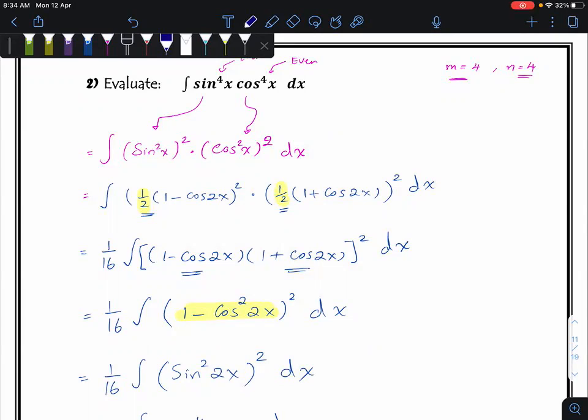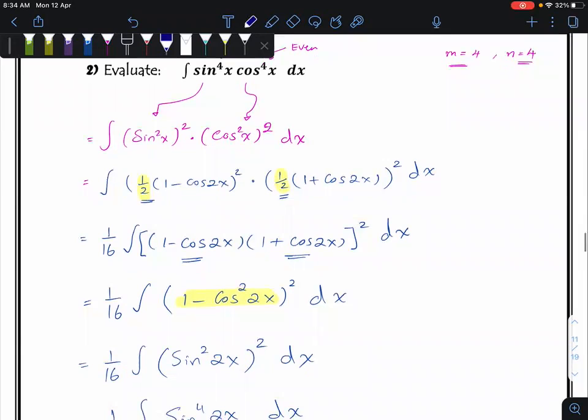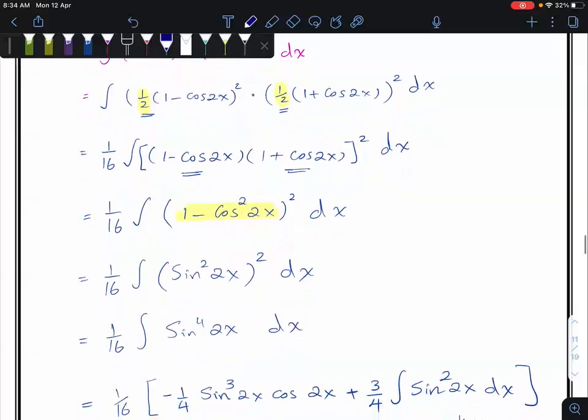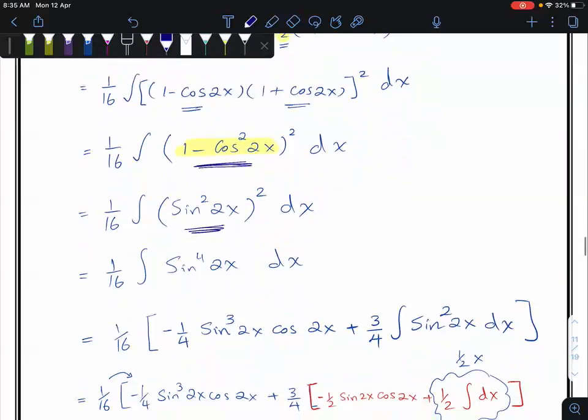Outside is 1 over 16. Quarter and quarter, their product is 1 over 16. Multiplying 1 minus cosine 2x by 1 plus cosine 2x gives 1 minus cosine squared 2x, the difference of two squares, all squared. And I replaced this identity, 1 minus cosine squared 2x, as sine squared 2x. And I squared it, which is sine to the power of 4 of 2x.